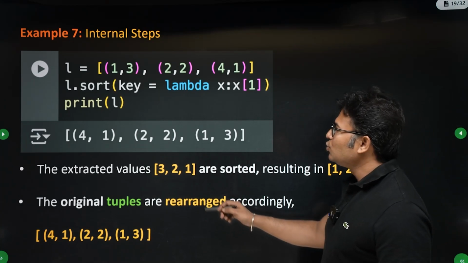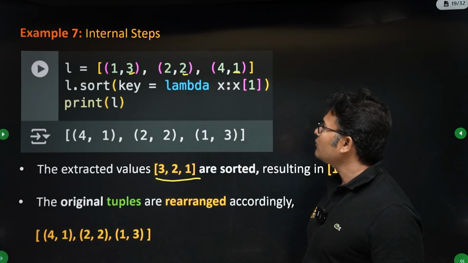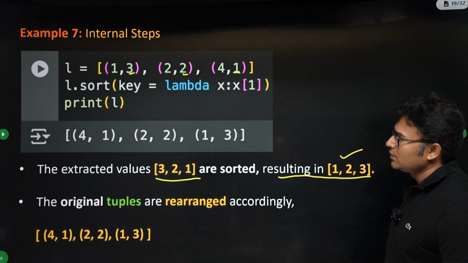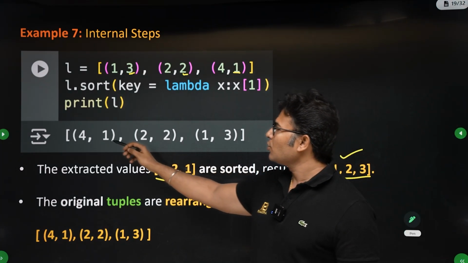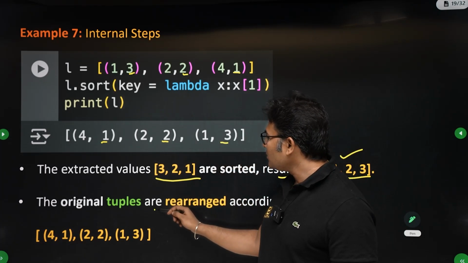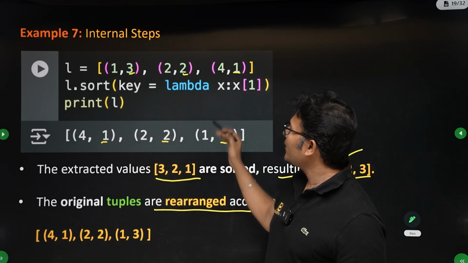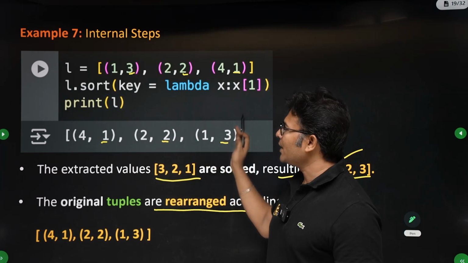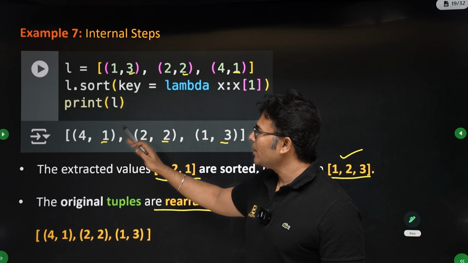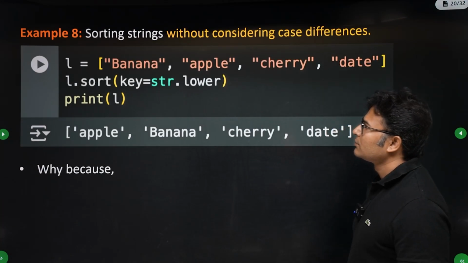So, 3, 2, 1 are the return values of the key function. Now they are sorted and the result is 1, 2, 3. So when I see 1, 2, 3, you are going to get the order 4, 1, 2, 2, 1, 3. The original tuples are rearranged accordingly. See this. These are the original tuples: 4, 1, 2, 2 and 1, 3. They are rearranged. Okay. So sorting is done based on the second element, but nothing is changed in the original list. It is as it is.